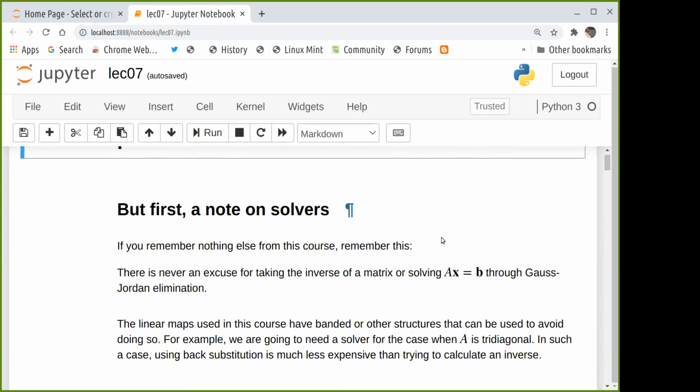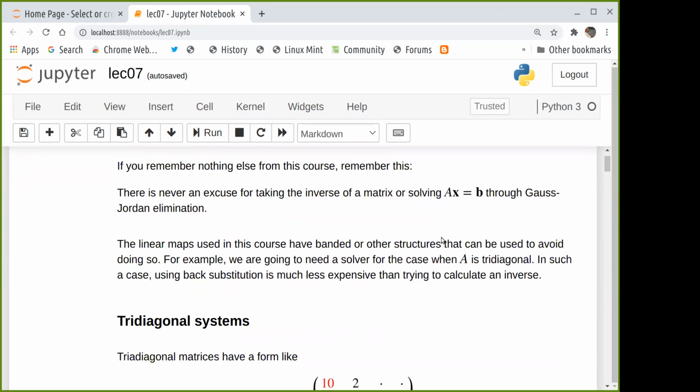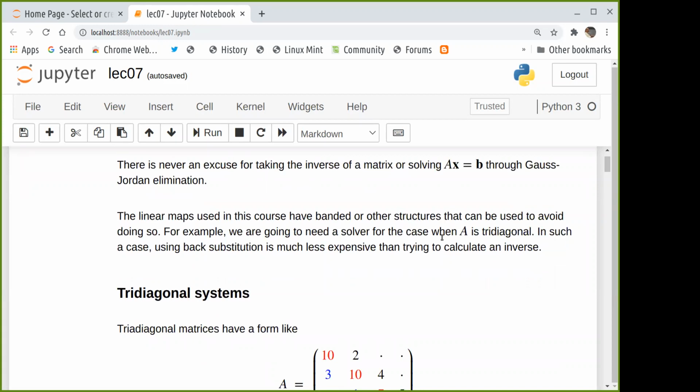So a note on solvers: it's very important that you remember that if you've got a linear system like Ax = b, and you want to solve for x, it is a very poor thing, a very strongly deprecated thing, to calculate a matrix inverse of A or to do Gauss-Jordan elimination, okay?